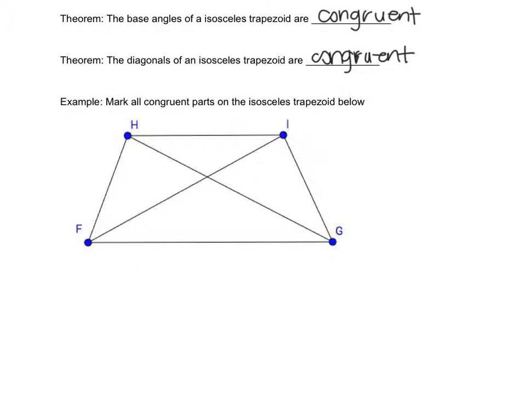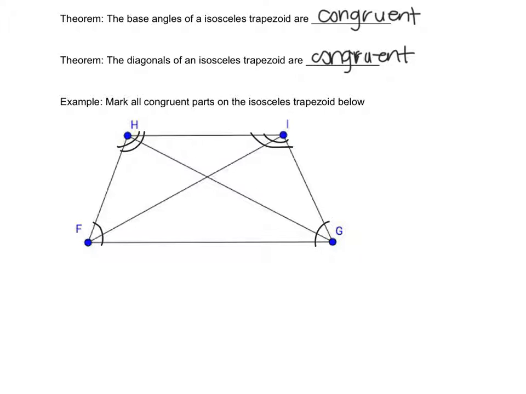So we're going to go ahead and mark all of the congruent parts of our isosceles trapezoid. So we know that the base angles F and G are congruent, and also base angles H and I. We also know that the diagonals HG and FI are congruent.